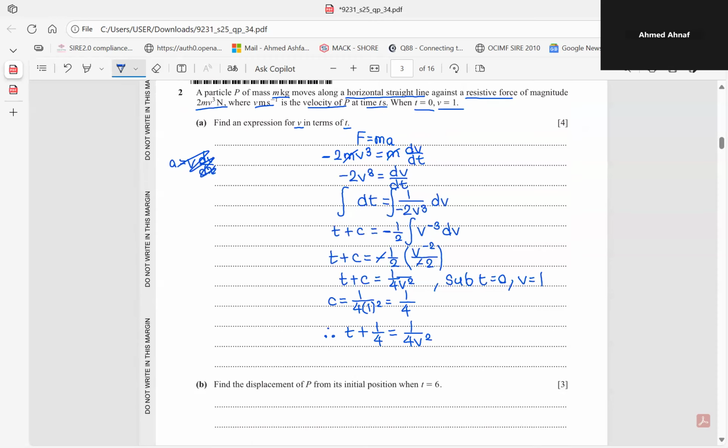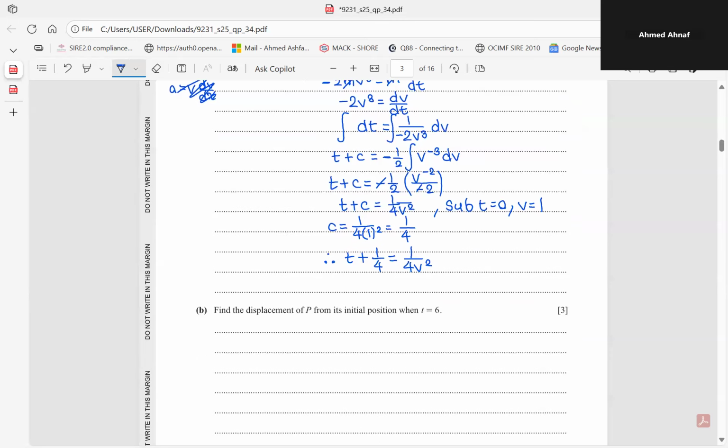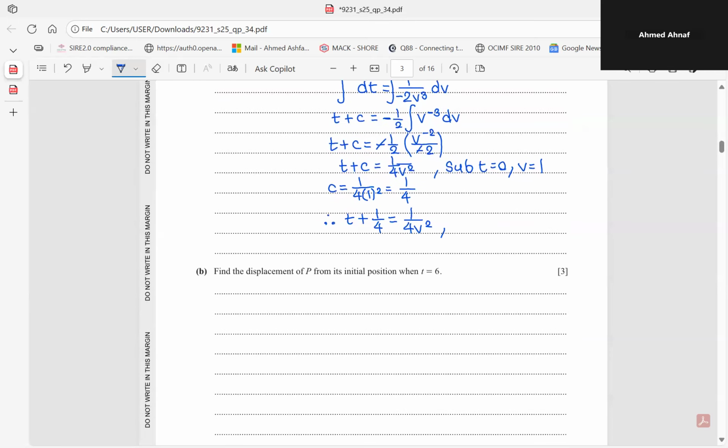But the question asks for an expression for v in terms of t, so we have to make v the subject. To do that, we're going to make both sides a single fraction. So we make the left-hand side a single fraction, with common denominator 4. You will get (4t plus 1) over 4 equals 1 over 4v squared.